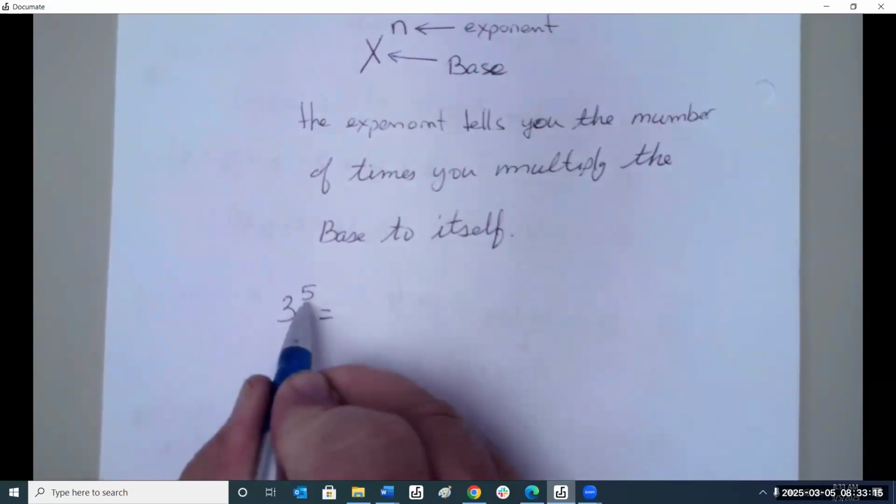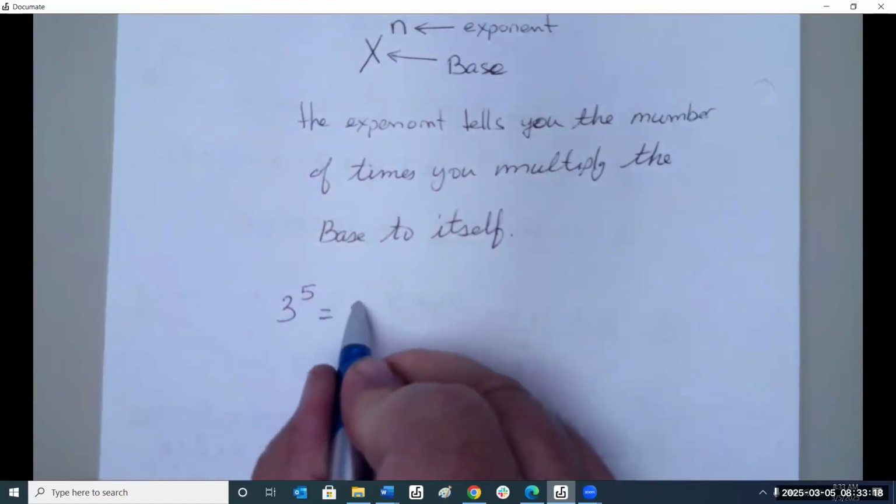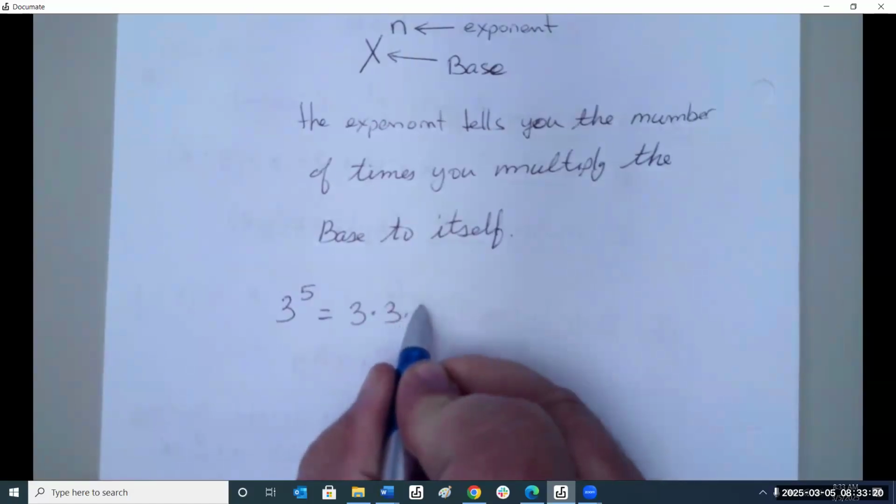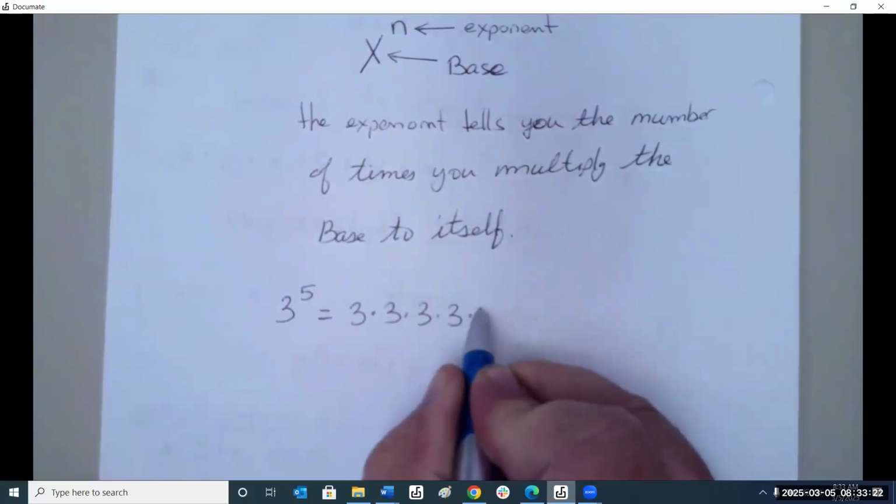So this is the base, that's the exponent. So I take the base and multiply it to itself 5 times.